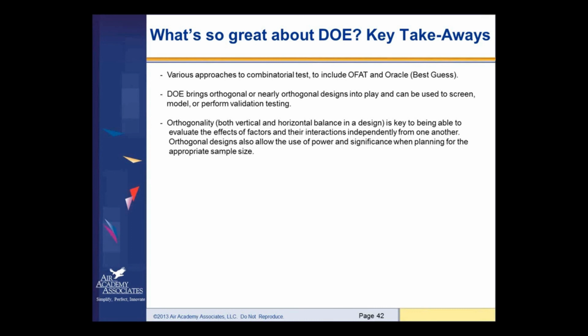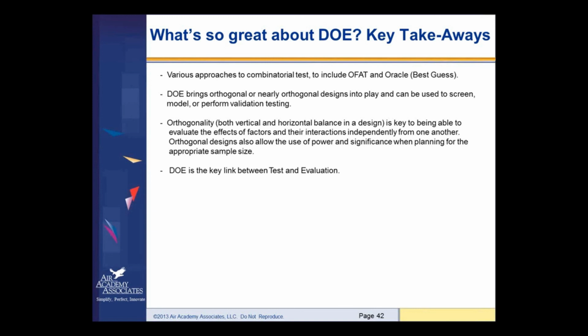Well, these orthogonal designs, they are key to evaluating the effects of factors and their interactions independently from one another. Orthogonal designs also allow the use of power and significance when planning for the appropriate sample size. I have not addressed power and significance in this short presentation, which I just don't have time to do. But these designs allow us to do that in a much more straightforward fashion than if you had some other type of design that is not DOE oriented.